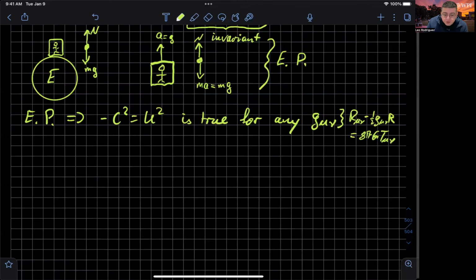So this statement is true for any g. That's the equivalence principle. That's a way of saying it in a rigorous differential geometric, or Riemannian geometric, way, saying that g mu nu u mu u nu equals minus c squared.